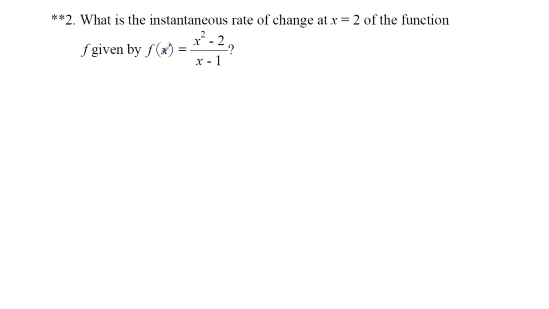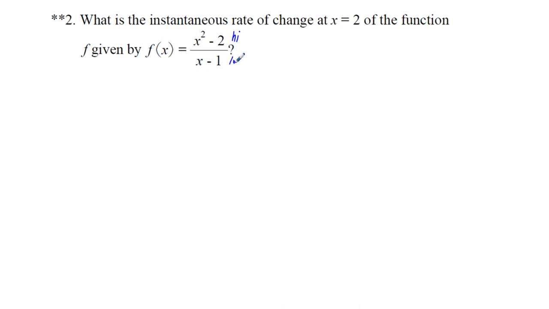Okay, next problem. What is the instantaneous rate of change at x equals 2 of the function f given by f of x equals x squared minus 2 over x minus 1? Same method of organizing as the last problem. So high is going to be our numerator here.